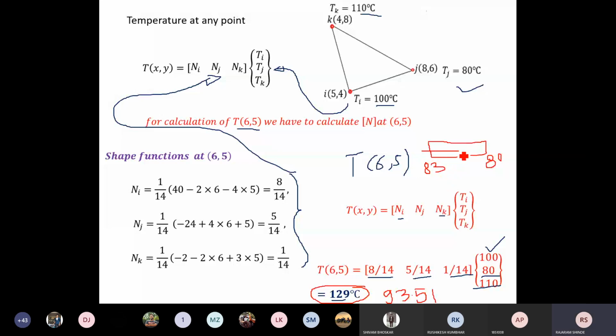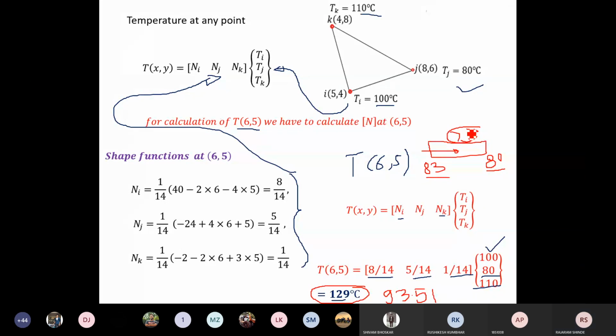If heat is flowing from this end to the other, the temperature at any point on the rod should be in between 83 and 80. Am I right? If your temperature is 75 or 73 or 78, then this answer is wrong.